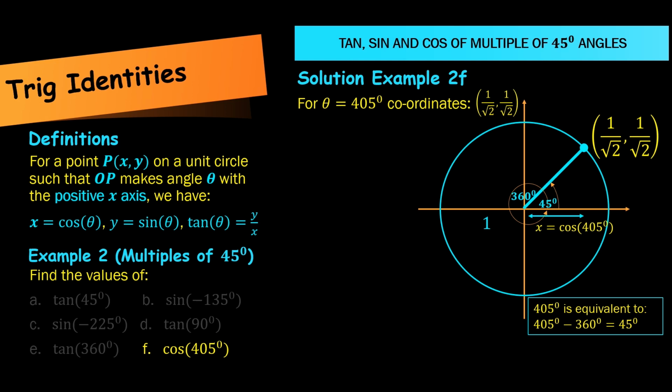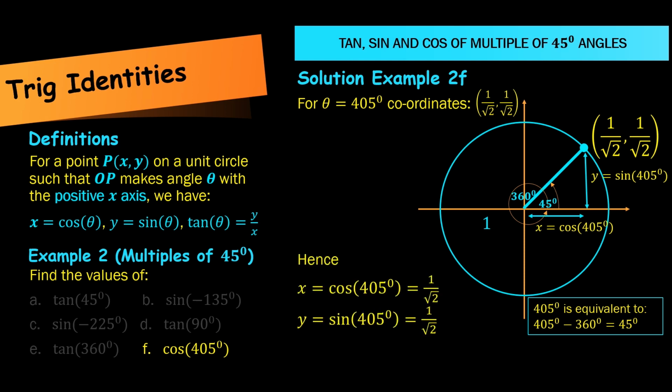So x equals cos 405 degrees equals 1 over root 2, and here's y equals sine 405 degrees, which equals 1 over root 2 also.